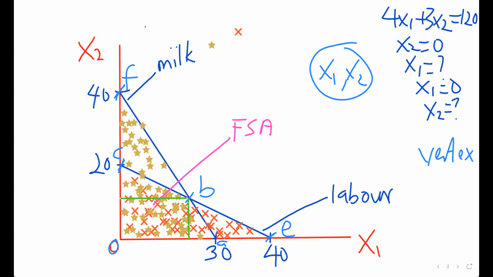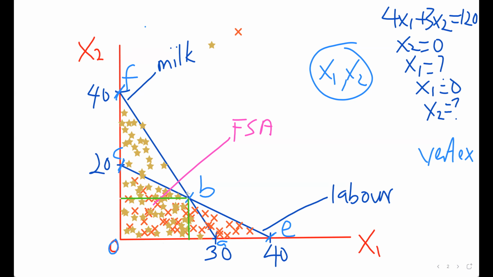If I were to ask you, tell me the coordinates of B, whatever you say will be wrong, because you can't use your eye to tell me the coordinates of B. The only way to get the coordinates of B is by solving the equations simultaneously.